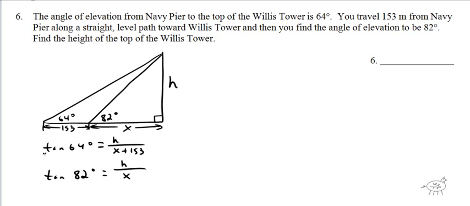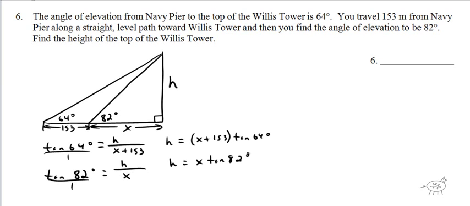So what I'm going to do with each of these now is cross multiply. So I get h equals, I'm going to put this in parentheses, (x plus 153) tangent 64. And this one, if I cross multiply, I get h equals x tangent of 82 degrees. So these are my two equations I'm going to deal with.